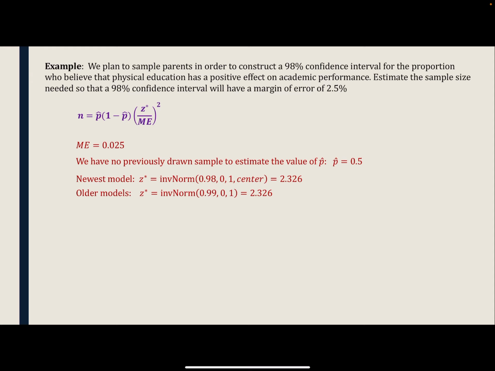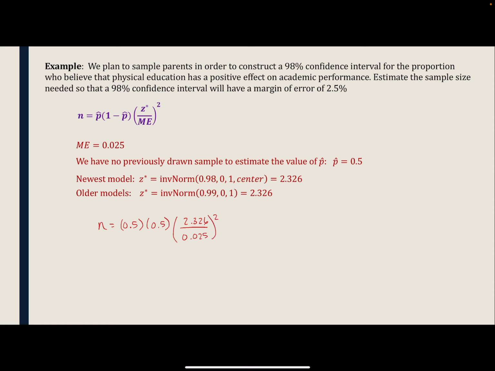So we'll have n equals 0.5, our p hat, times q hat, which is 0.5, times z star, which is 2.326, over the margin of error, which is 0.025, squared.